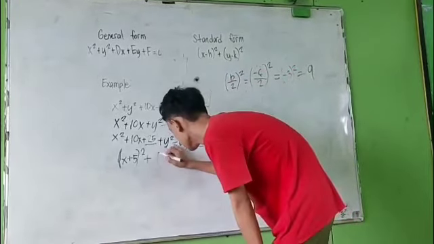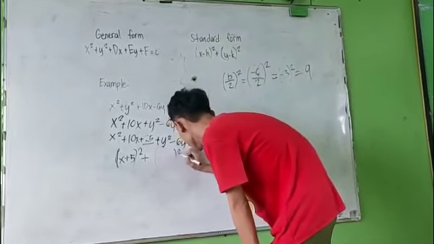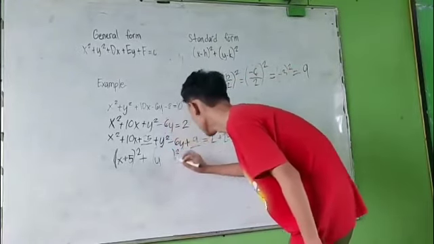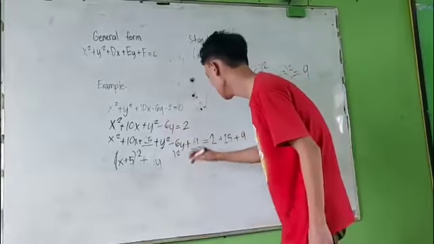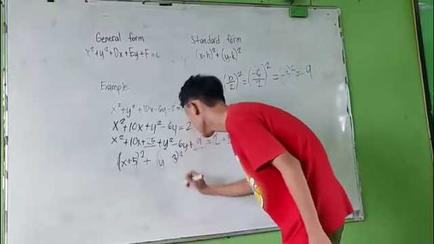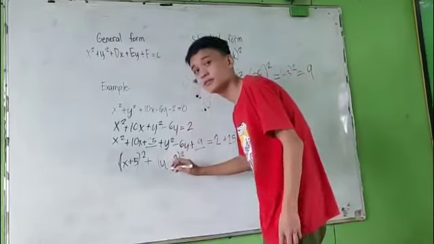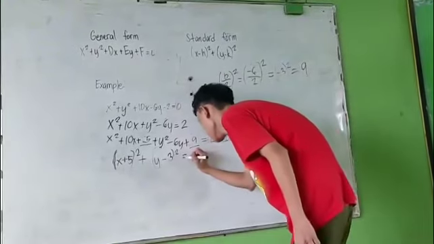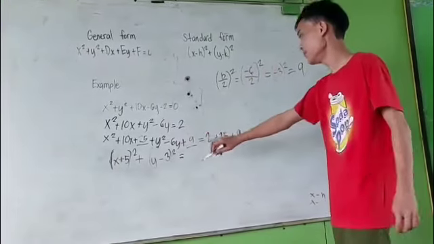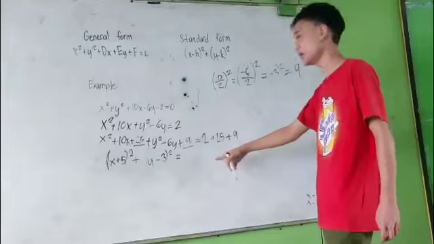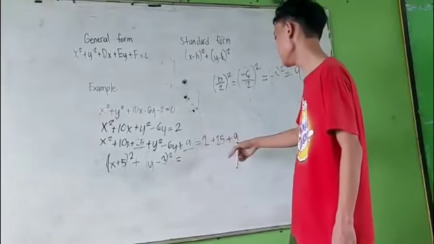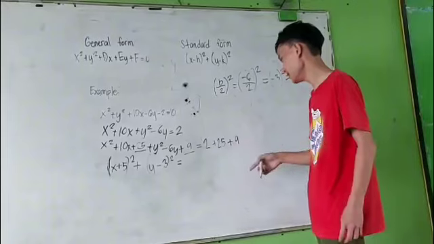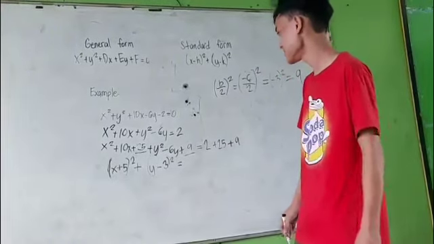So we have here, copy y squared, get the square root of 9, which is 3, copy the sign, negative, equals. Simplify this. So we have 2 plus 25 is equal to 27, plus 9 equals 36.